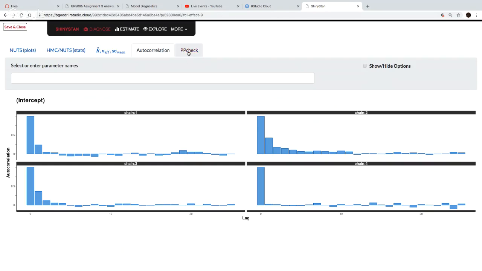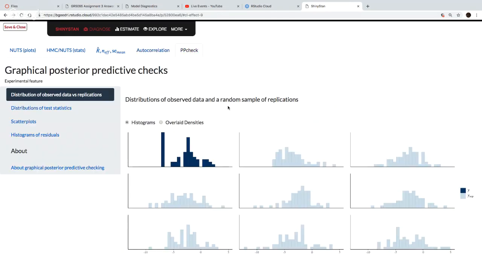And probably the most useful thing is the PP check, for posterior predictive check. So it's going to be drawing from the posterior predictive distribution of your model and comparing it to functions of the actual outcome. So this is a histogram.